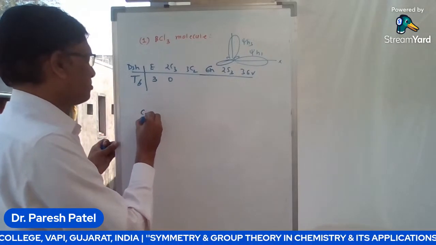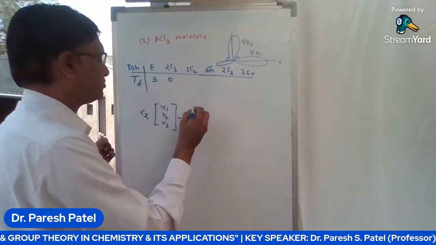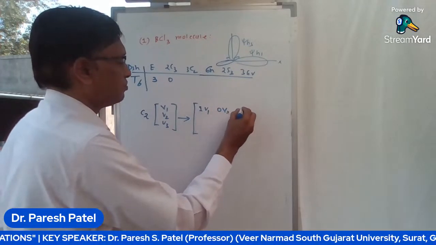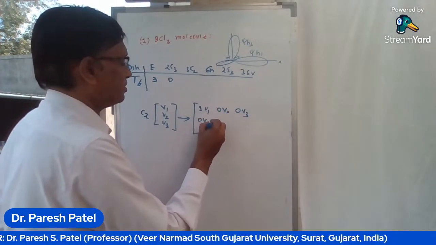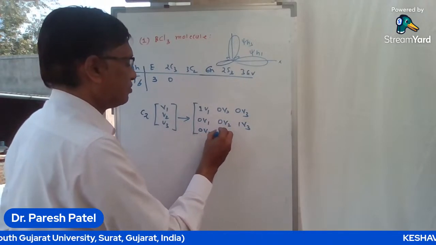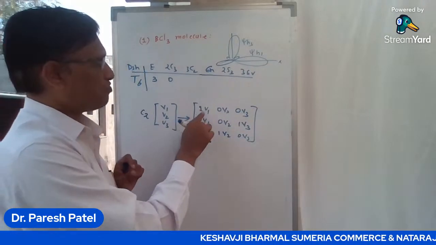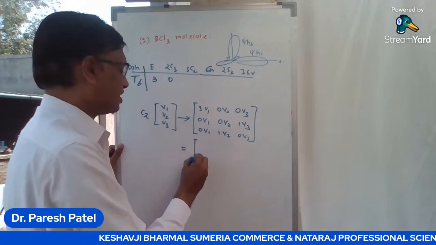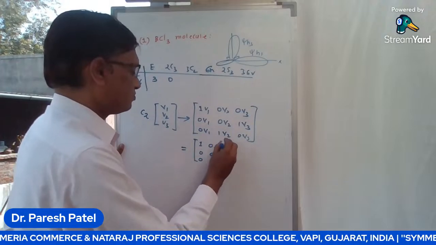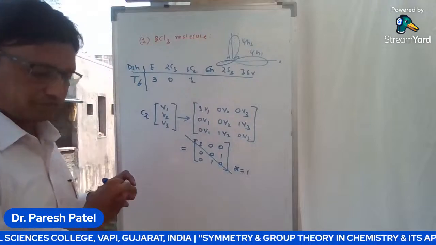So 1 V1, 0 V2, 0 V3; 0 V1, 0 V2, 1 V3; 0 V1, 1 V2, 0 V3. It means the position of one vector remains as it is. So that can be represented as 1 0 0, 0 0 1, 0 1 0. So the character of this matrix is equal to 1.